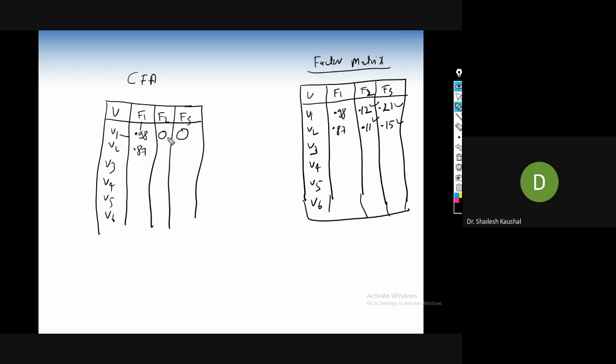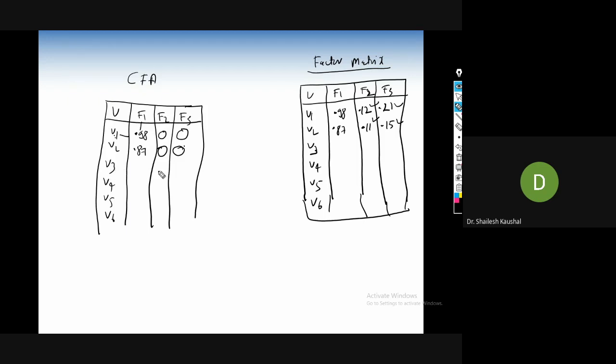We assume it. And V2 is related only with F1, zero correlated with the others. Although theoretically and practically it is not possible, in a CFA we assume the condition that there is no relationship of V1 with F2, and no relationship of V1 with F3.